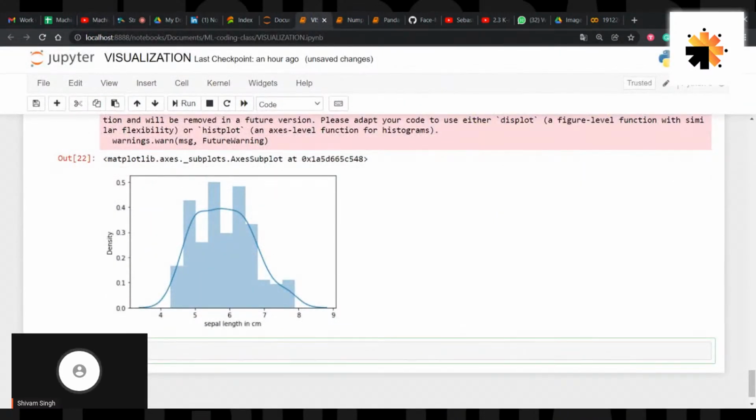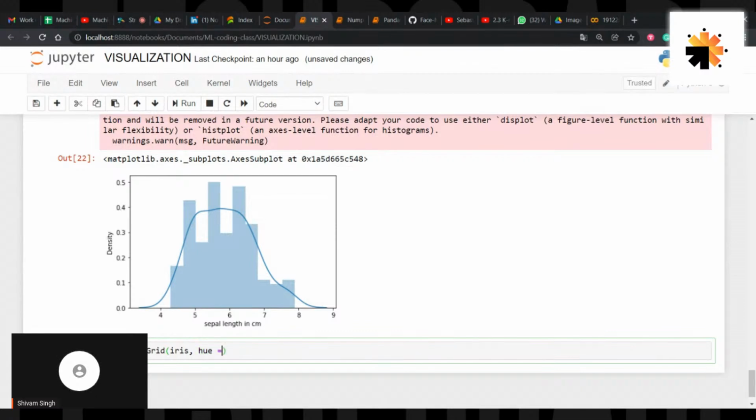So I can write sns.FacetGrid. You are able to see a grid over here. Then I can pass my data set, iris.